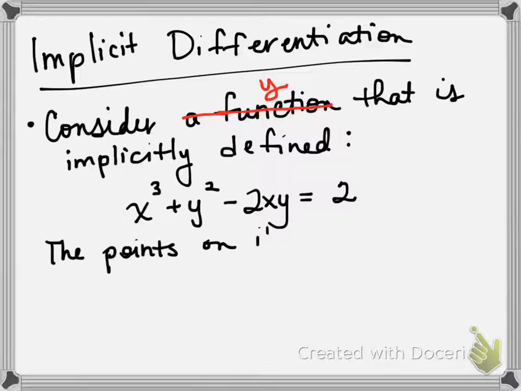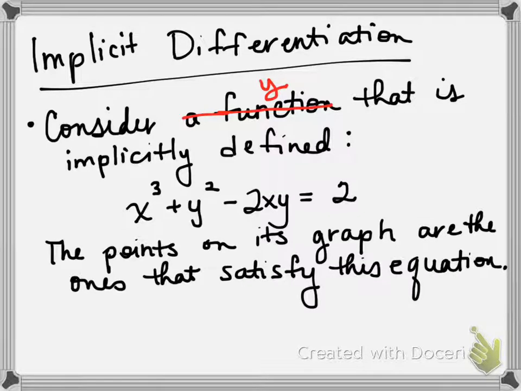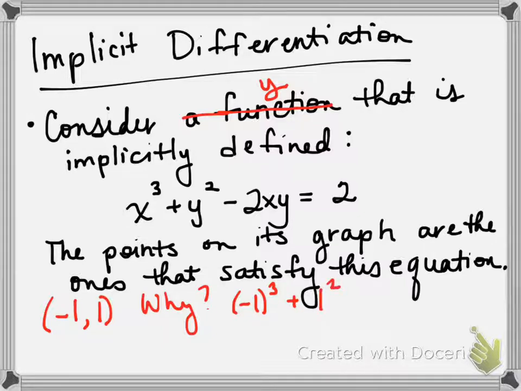Now, the points on the graph of this equation are the ones that satisfy it. So, for example, negative 1, 1 is a point on the graph of this equation. Why is that? Because negative 1 cubed plus 1 squared minus 2 times negative 1 times positive 1 is negative 1 plus 1 plus 2, so that equals 2.